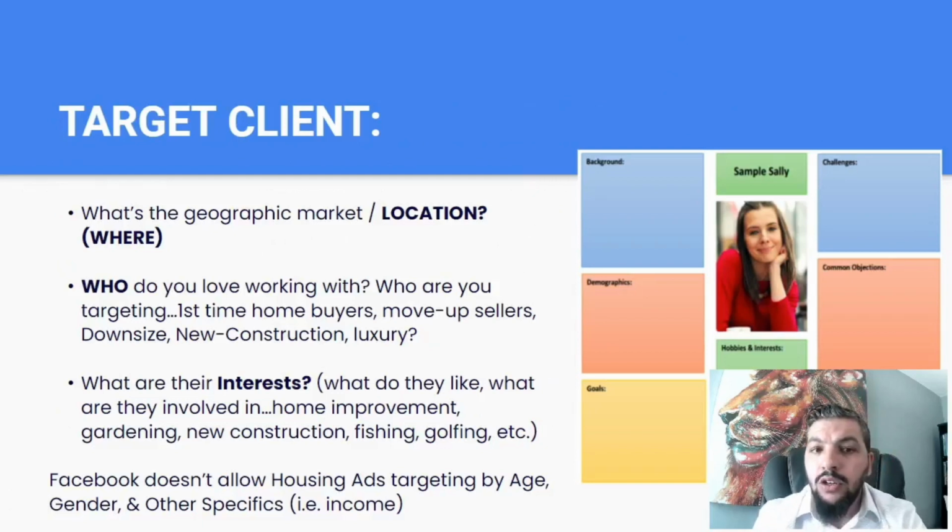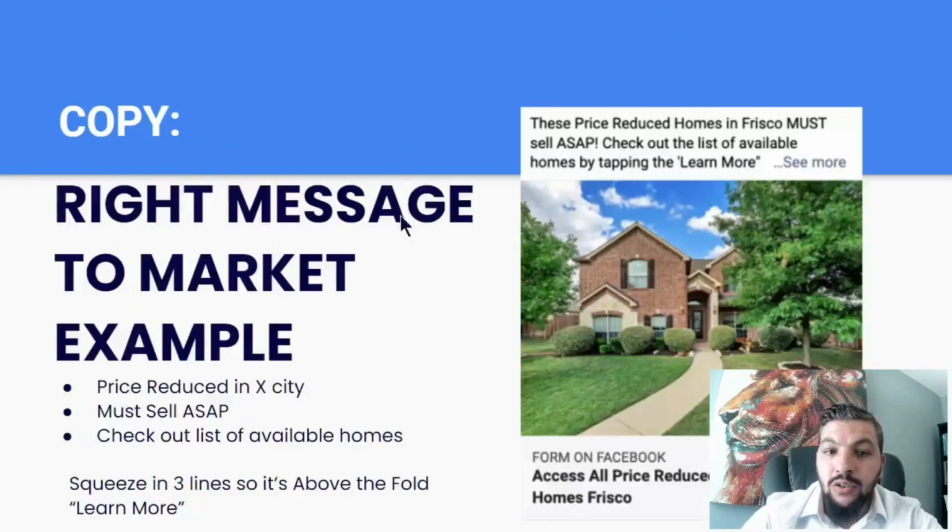So when you're targeting a client on Facebook for your real estate business, you really just want to consider those things: the where, the who, and their interests. As far as housing, Facebook doesn't allow housing ads to target by age, gender, or other specifics like income.